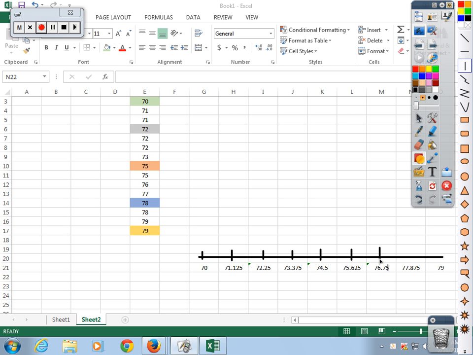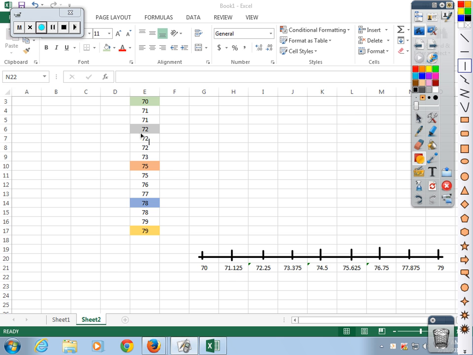The most common mistake students make is they think that the box plot somehow has something to do with this number line, and it's actually the opposite. The number line is very independent. The box plot is dependent upon the number line, so the number line is what you need to be able to do in order to do the box plot.